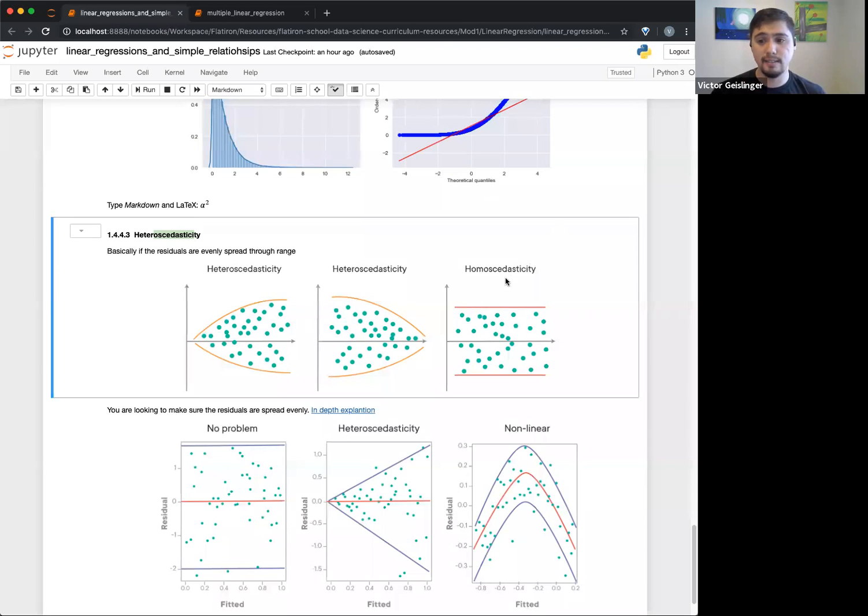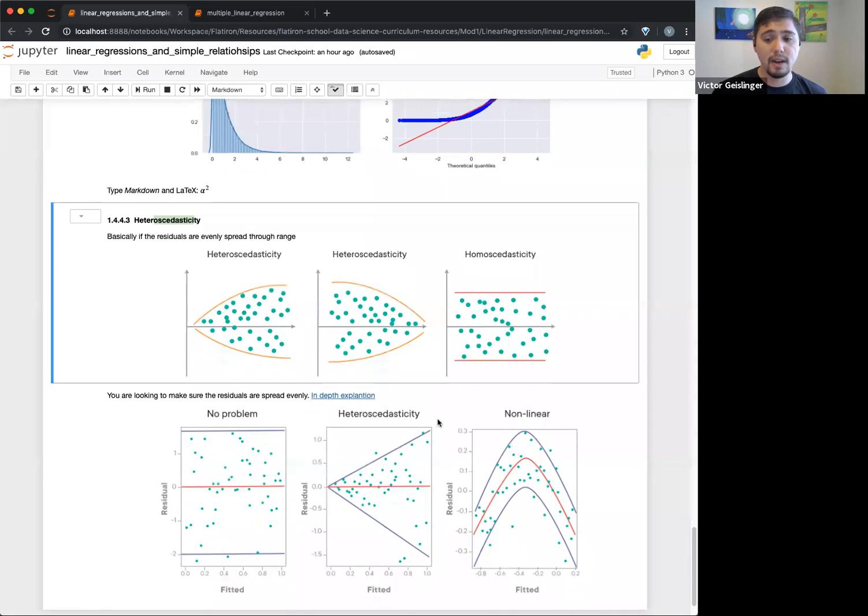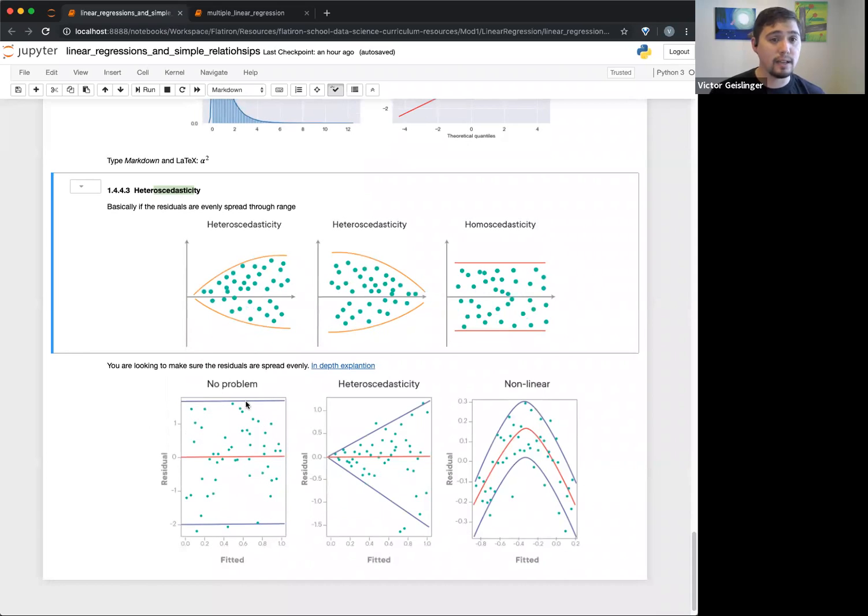Versus a homoscedastic pattern, right? Our residuals don't change, like the pattern of our residuals. Basically, some are really big, some are really small, but in general, you don't have this difference, okay? And you can see something similar here: we have a homoscedastic relationship here, or at least pattern.